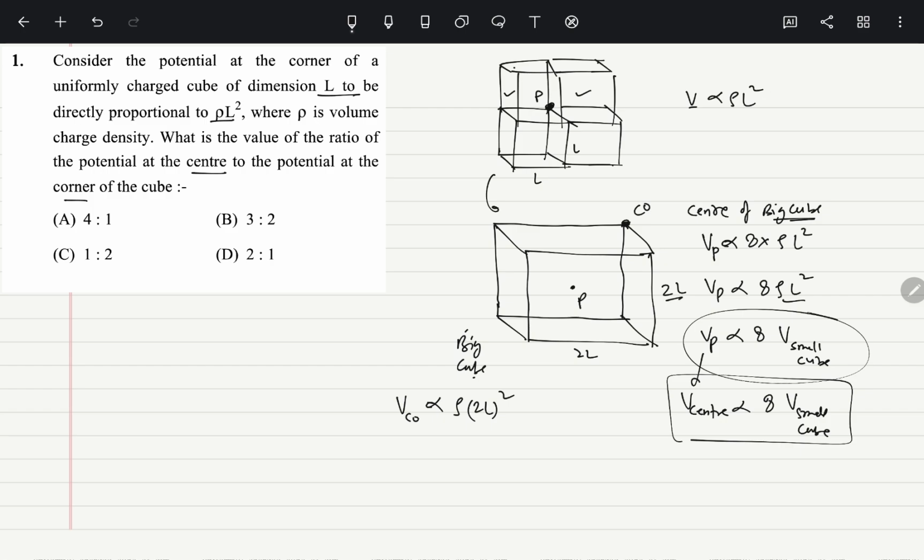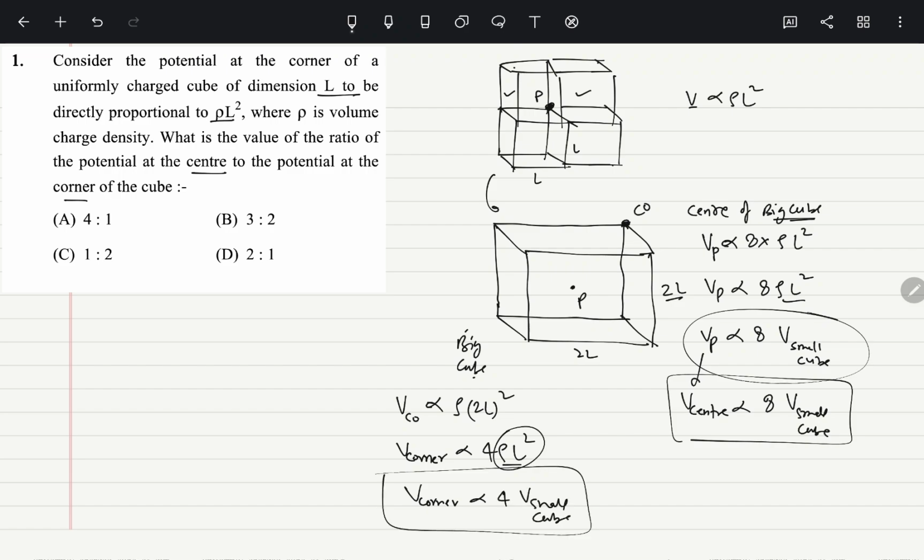Now this time the side is 2L, so it will be rho (2L) whole square. So this is directly proportional to 4 rho L square, and what is rho L square? The corner potential is directly proportional to 4 times V small cube.